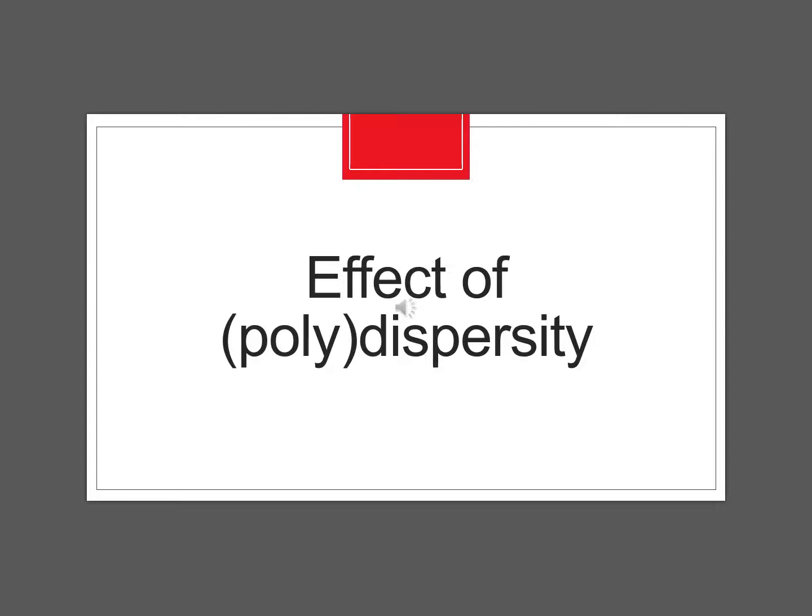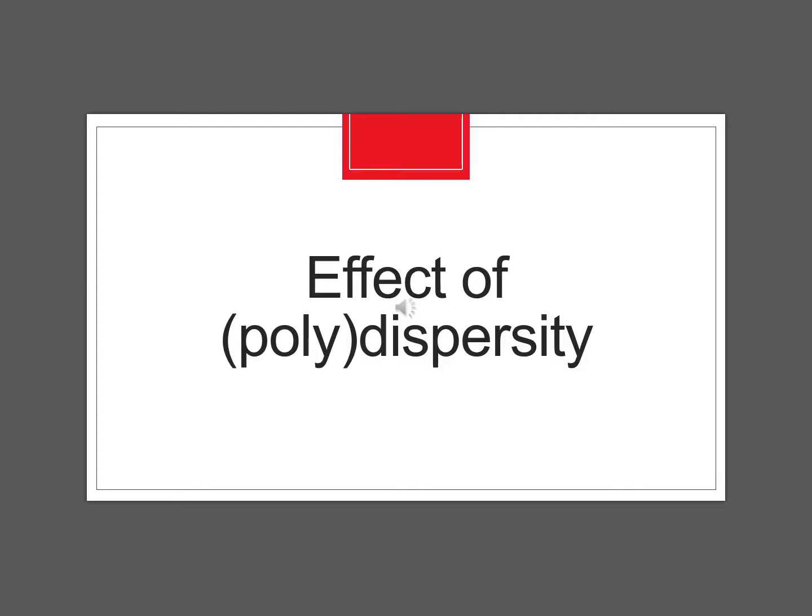So let's consider the effects of polydispersity on the scattering solution. Actually, IUPAC now call it dispersity. We've lost the poly, but because it's a familiar term, I'll use that anyway.